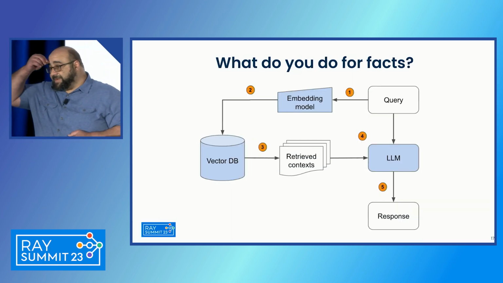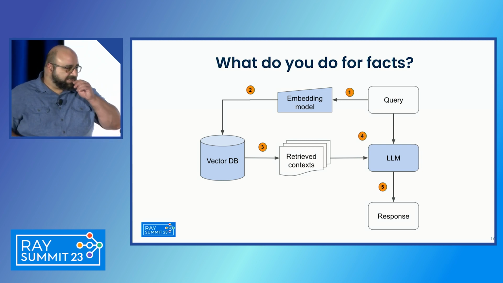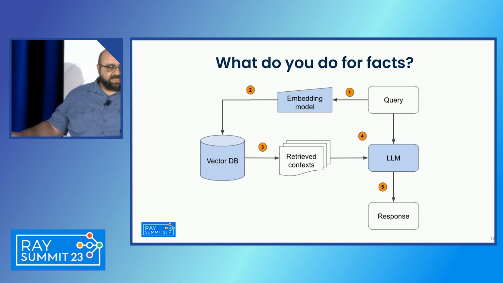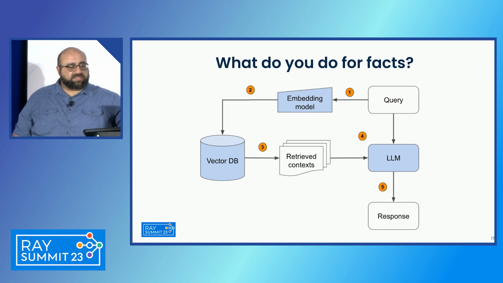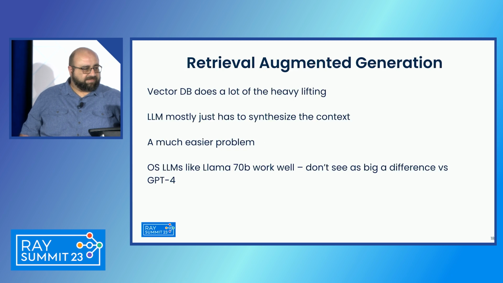What do you do instead? You use retrieval augmented generation. And that's the other term that, if you've been to any of the seminars, you've been hearing, right? So this is the architecture of the Ray assistant that you saw earlier. We take the query, we feed the query into the LLM, but we also go through this other chain that retrieves context and feeds it into the LLM.